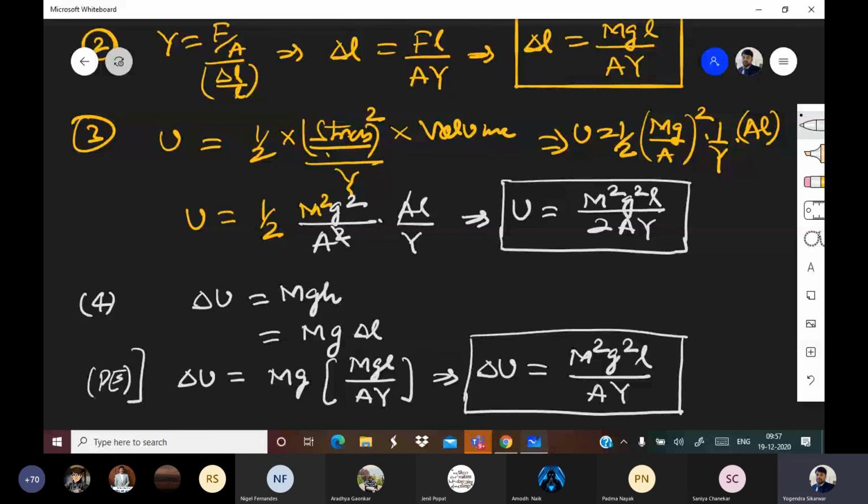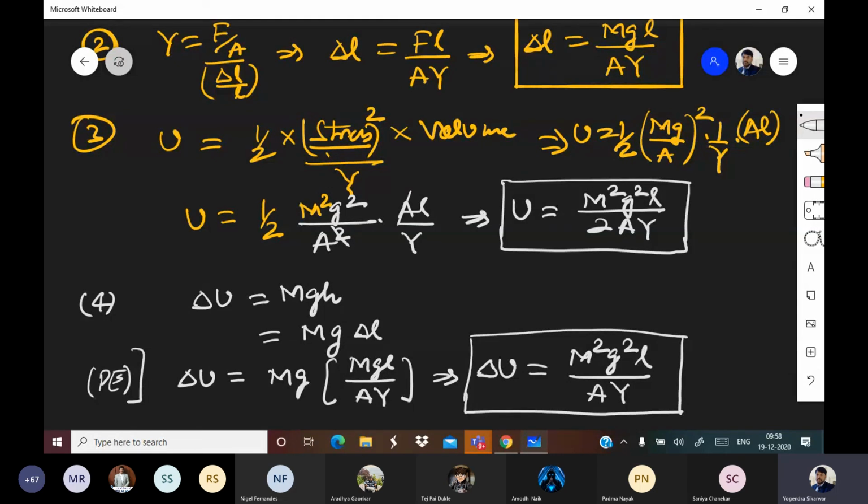As we have already used the word decrease, that's why we are not using minus sign. But if you are talking about change in energy, then minus sign should be used. So delta U is equal to m square g square L upon AY.